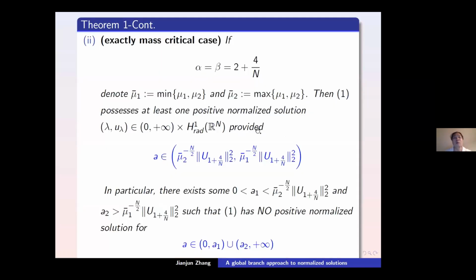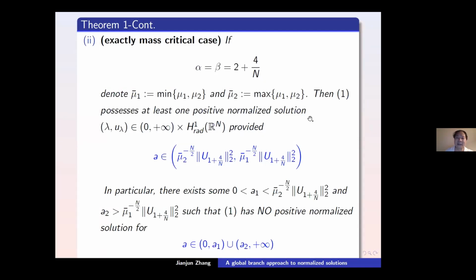Now we consider the mass critical case. If alpha equals beta equals the critical exponent, this means that our problem is mass critical both at the origin and at infinity.